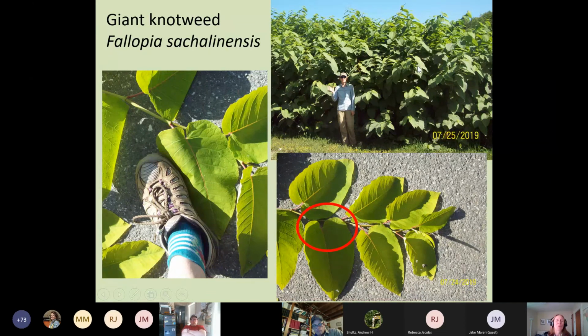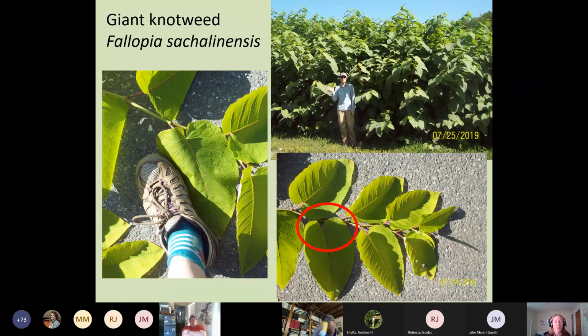However, I have found, and people do find, stands that are intermediate in character, and they are surely some hybrid. So just be aware that if you find a stand where you're not sure whether this is Japanese knotweed versus giant knotweed, there is a hybrid.